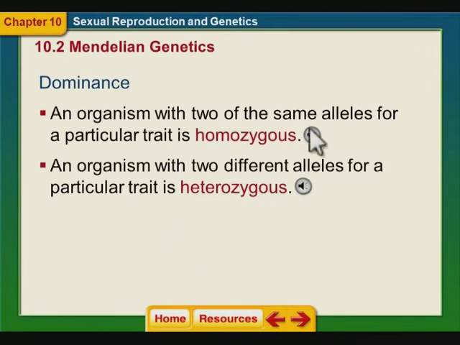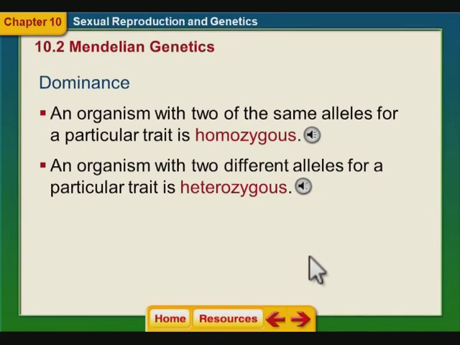Now, here's some words you really got to understand in order to work these problems. Homozygous and heterozygous. Remember, homo is the same, hetero is different. So if you have alleles that are homozygous, this is going to be like capital T, capital T. So the wording would be, you have homozygous tall.